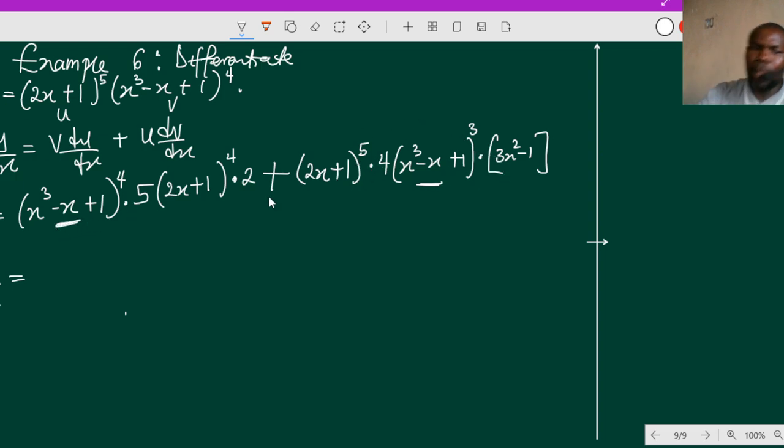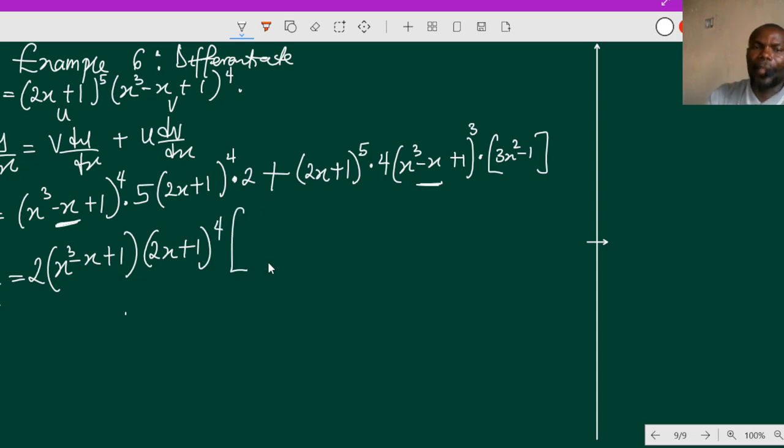Before we take out the common part, there is 2 here and 4 here. You can take 2 outside. You also take this one, which is common: x cubed minus x plus 1. This is also common: 2x plus 1 is common. This is raised to power 4, and 2x plus 1 here is raised to power 5. Let's take the lowest one, raised to power 4.